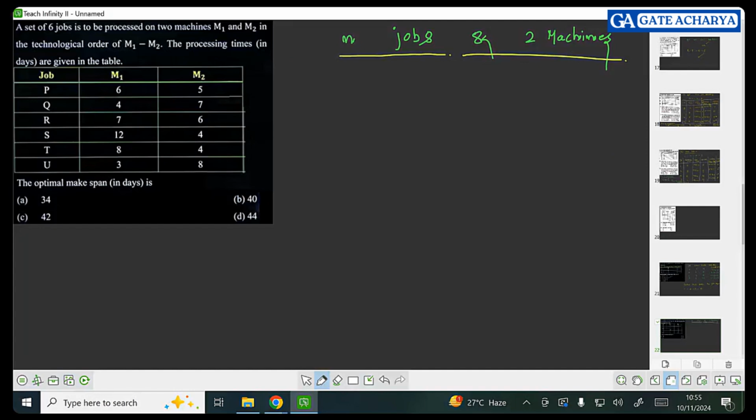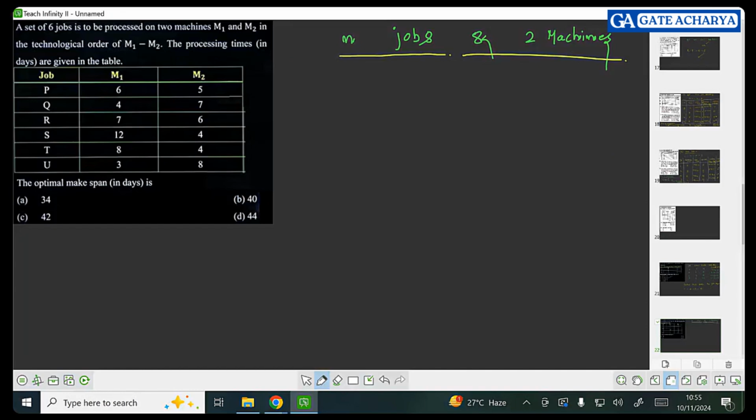But whenever you go for n jobs two machines, the optimum job sequence will be given by Johnson's algorithm. Clear everybody? Here we used the EDD rule and SPT rule for n jobs one machine, whereas for n jobs two machines you are supposed to take Johnson's algorithm. Very, very important. So 90% of questions come from Johnson's algorithm. Clear? Hope you understand.